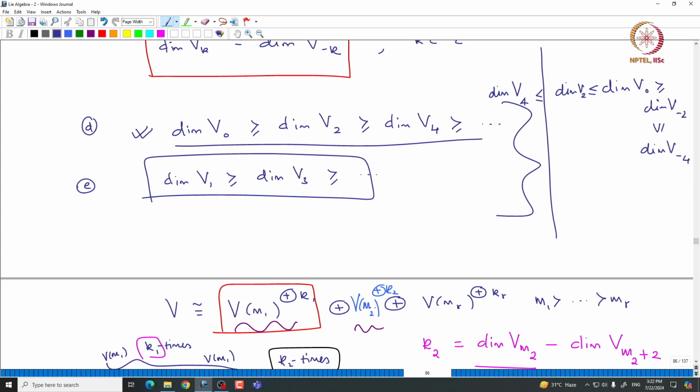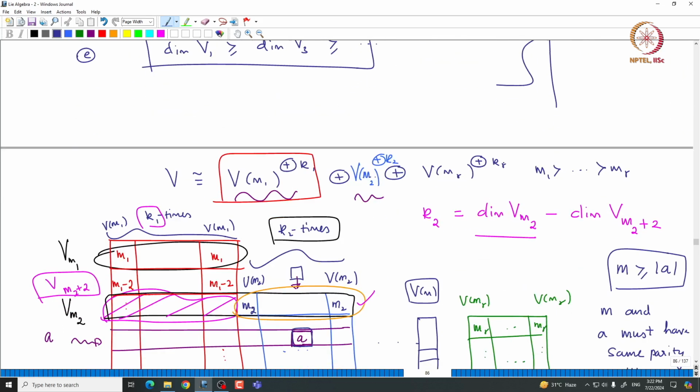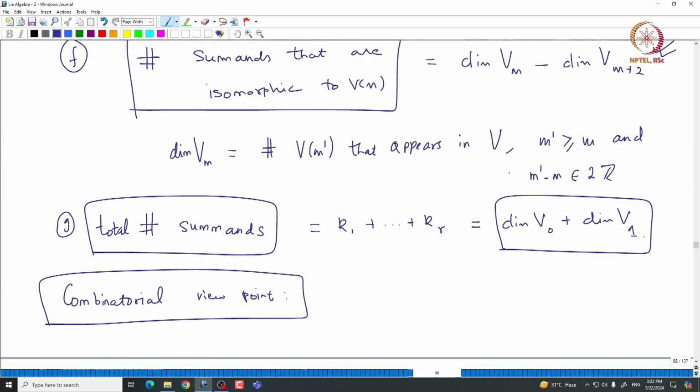A positive real number sequence, or any sequence of real numbers, is called unimodal if it goes up to some stage and then comes down from that stage. Okay. So, let me make a very precise definition.